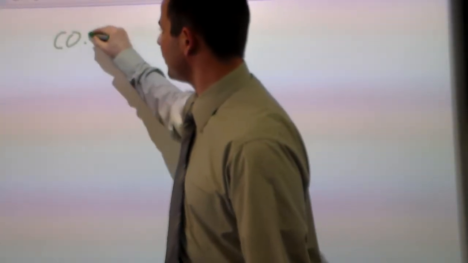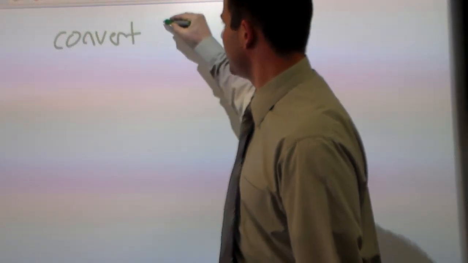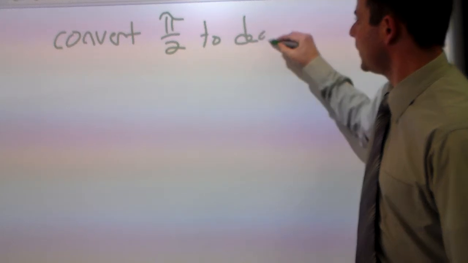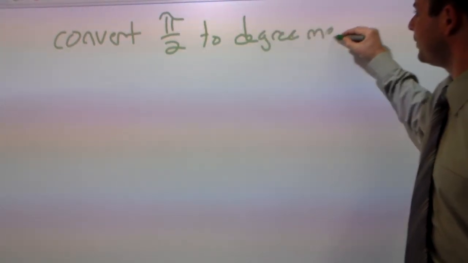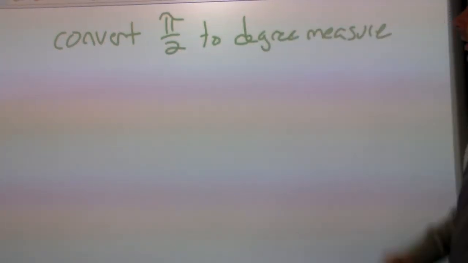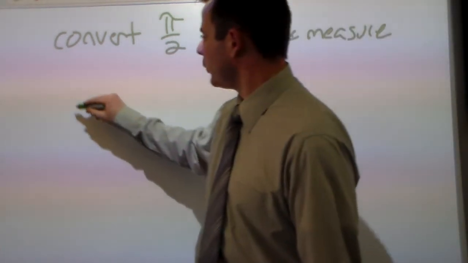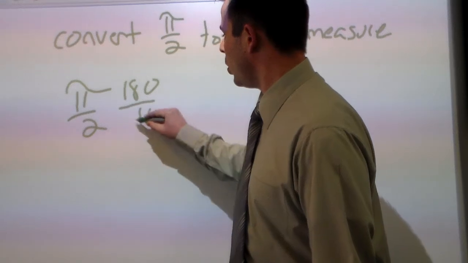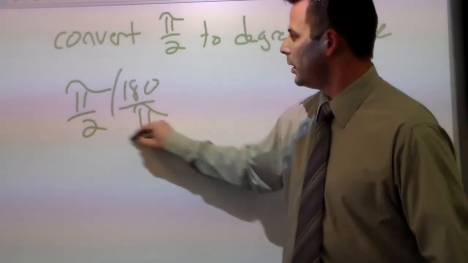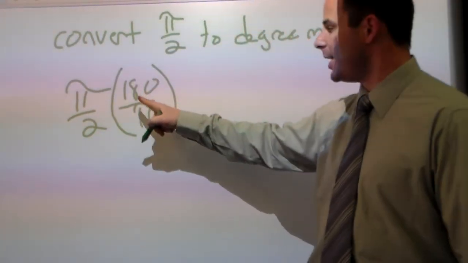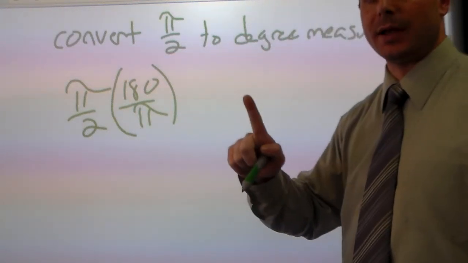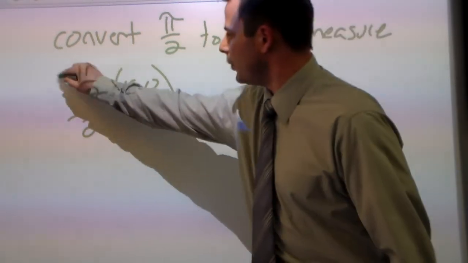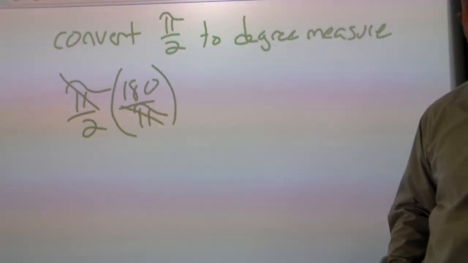If I wanted to convert pi over 2 to degree measure, what we're really doing is multiplying by 180 over pi. This is really what you're doing. 180 over pi is 1 radian. If you notice, you'll always get a canceling pi.